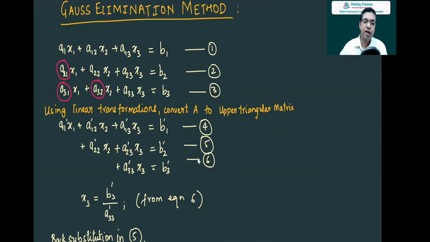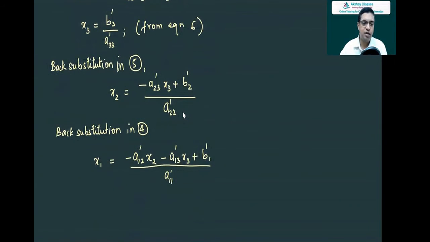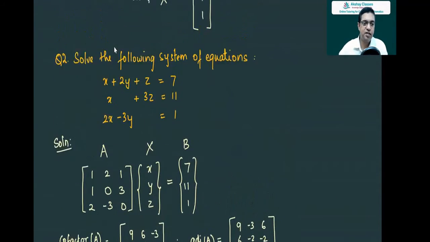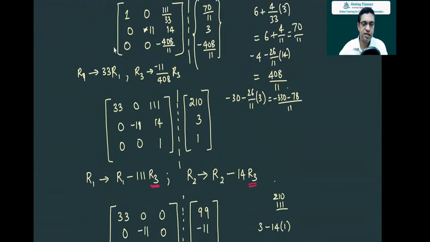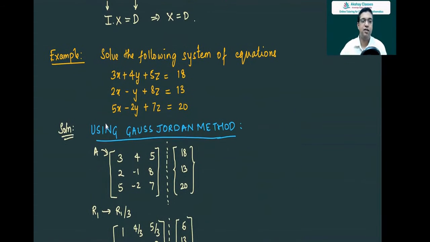If we transform it to a lower triangular matrix, we'll have to do forward substitution. There are two methods to it. So now let us solve this same problem using Gauss elimination method.